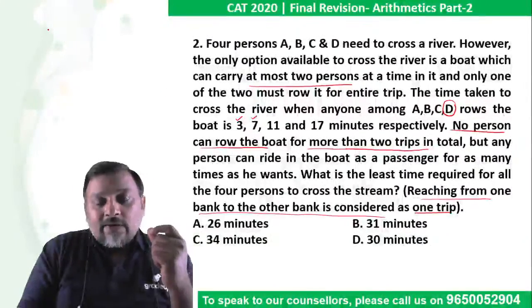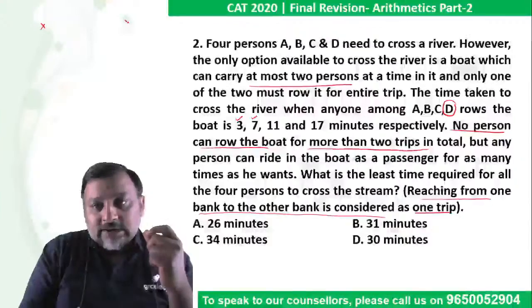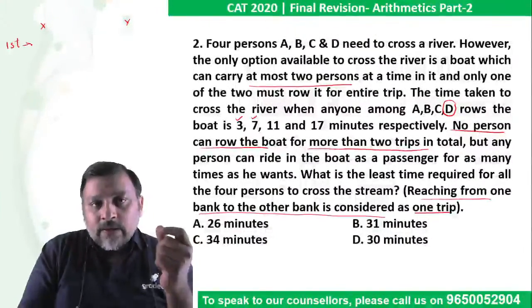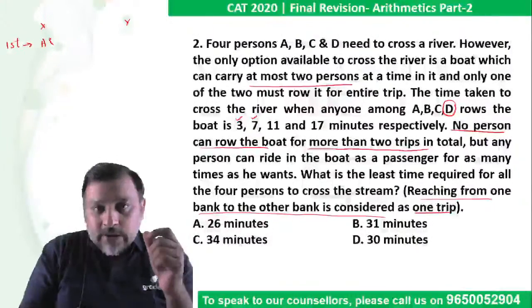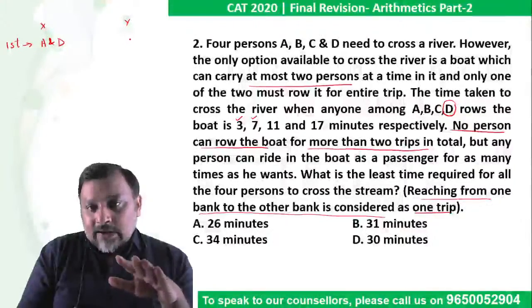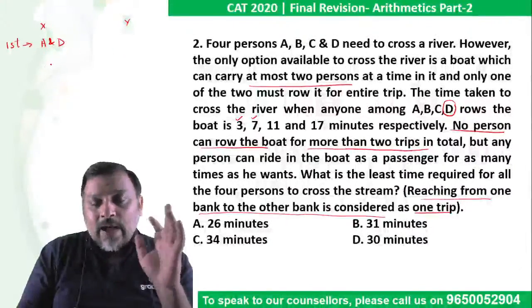So let us have a trip. Let's say these are the two banks of the river. Let us have the first trip where A and D are going, and A leaves D at the opposite bank and comes back.